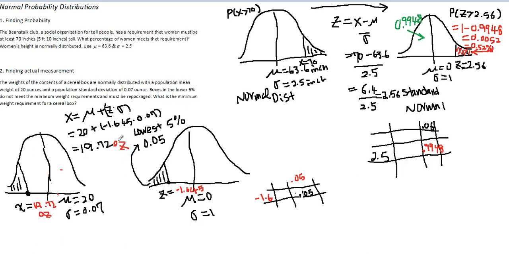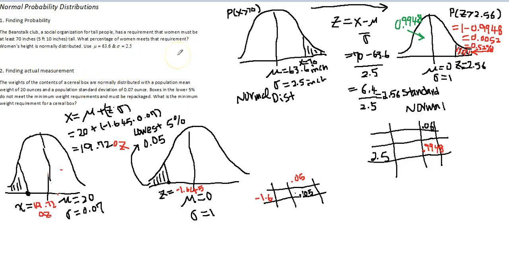I just need to make sure you understand that finding probability and finding measurement are a little different. You need to determine, when you look at a problem, whether you are finding the probability distribution or finding actual measurements.